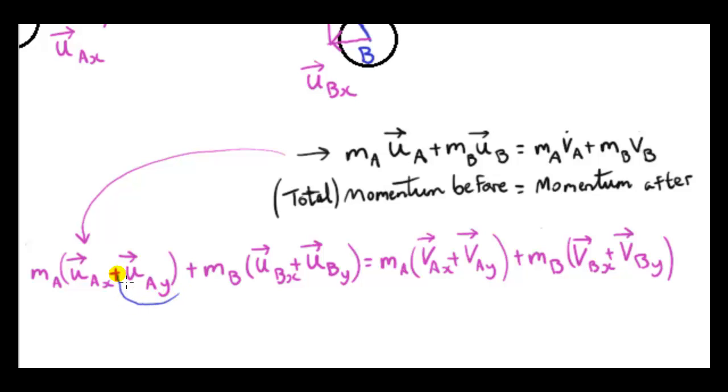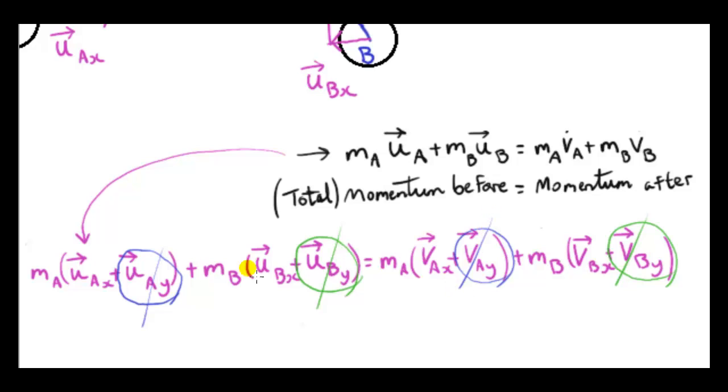Next we will show that UAY, the y component of the initial velocity of sphere A, is equal to VAY, the y component of the final velocity of sphere A. And we'll do the same, of course, for sphere B. We'll show that the y component of the initial velocity of sphere B is equal to the y component of the final velocity of sphere B. So we'll be able to cancel out these terms on both sides.